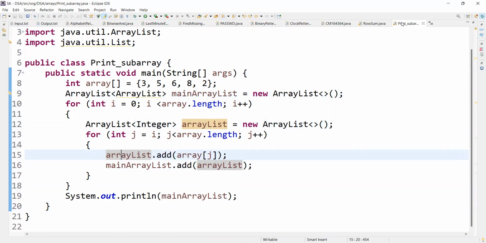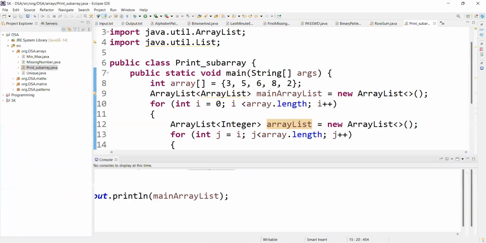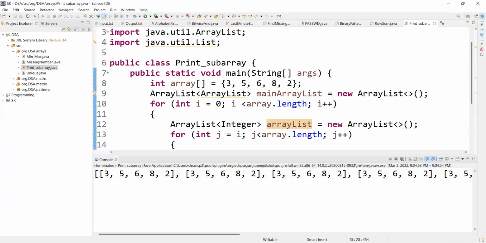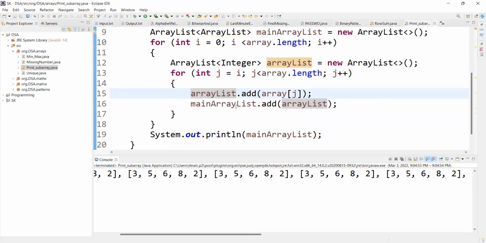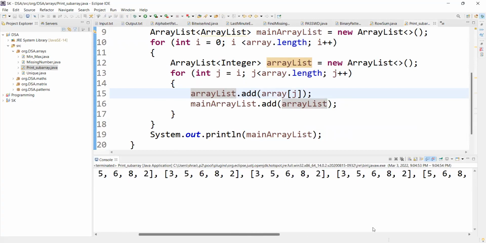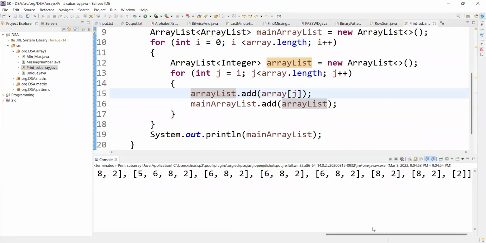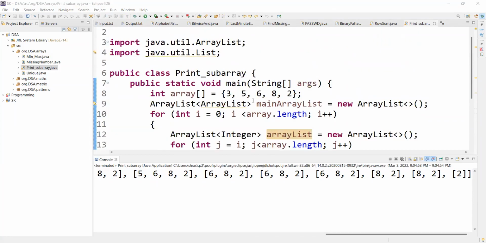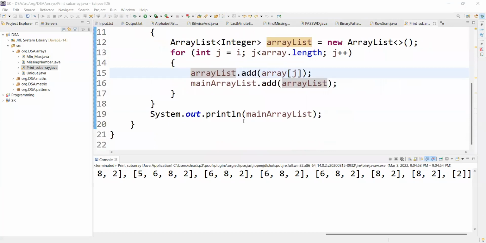Let's now just run it. It is repeating. I'm not sure, guys, what's going wrong.